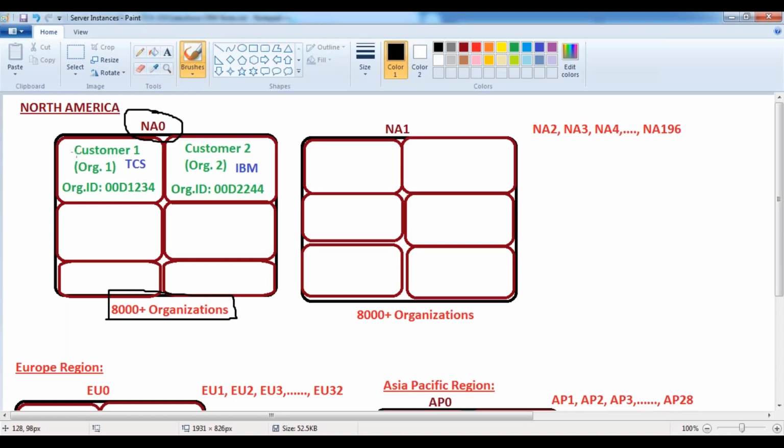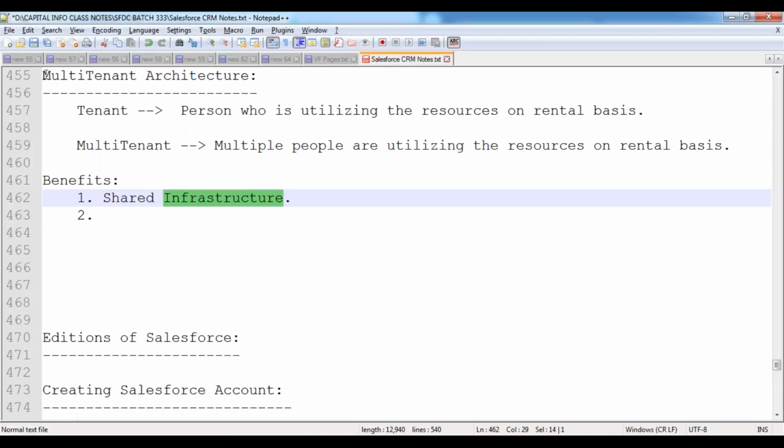That means don't provide a separate server for each and every customer. Make the server resources utilizable by multiple people. That means shared infrastructure. So this is the first benefit offered by multi-tenant architecture.